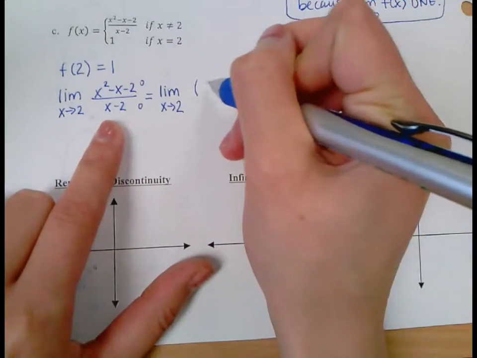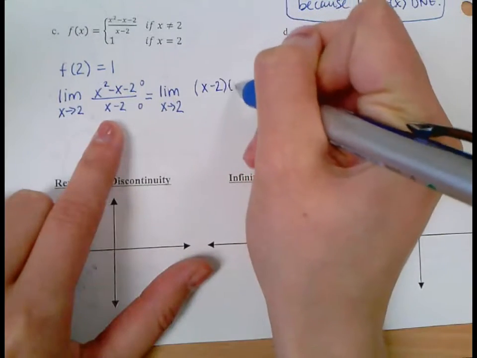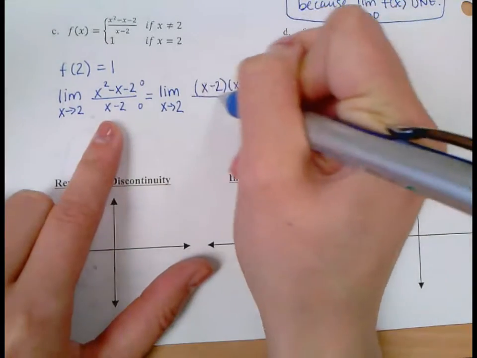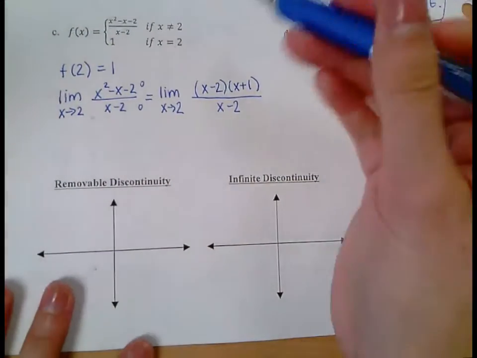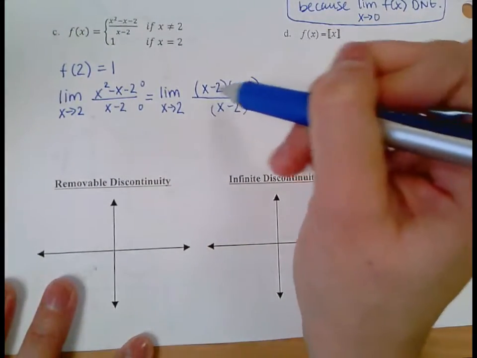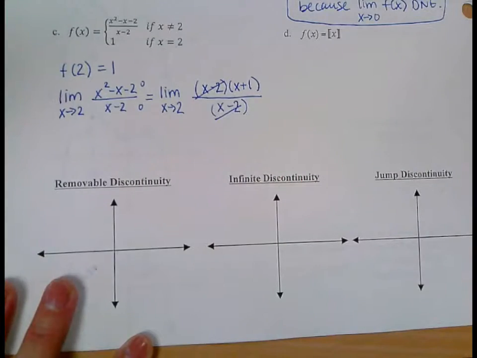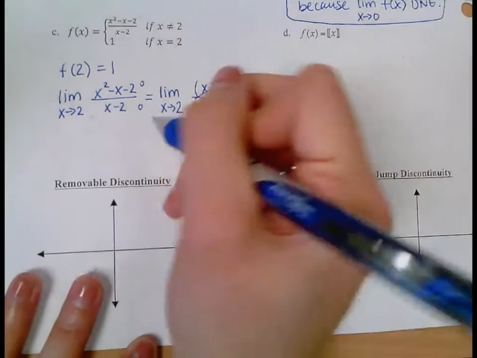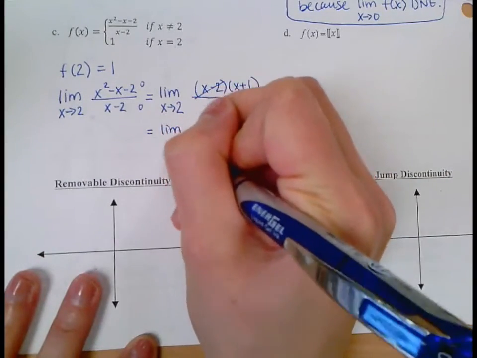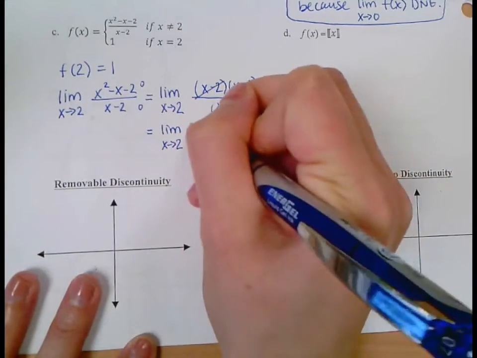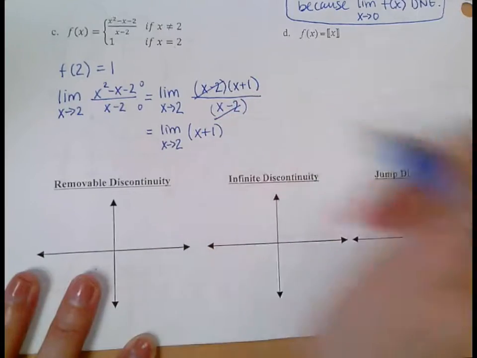The top factors to x minus 2 times x plus 1. I still have x minus 2 in the denominator. And now I can cancel out the factor x minus 2. So I'm really just taking the limit as x approaches 2 of x plus 1.